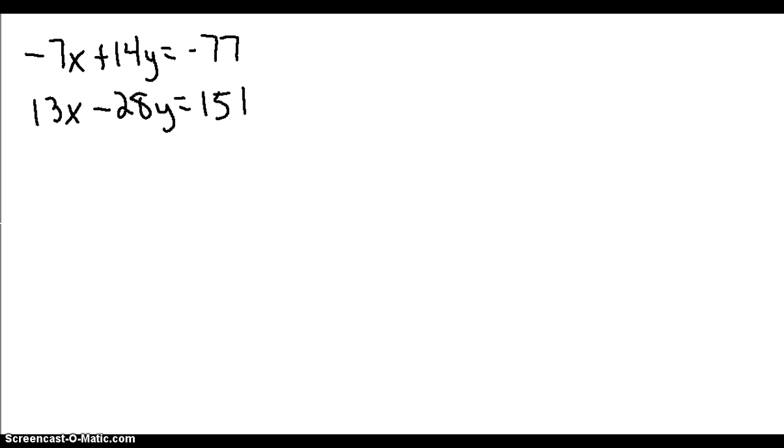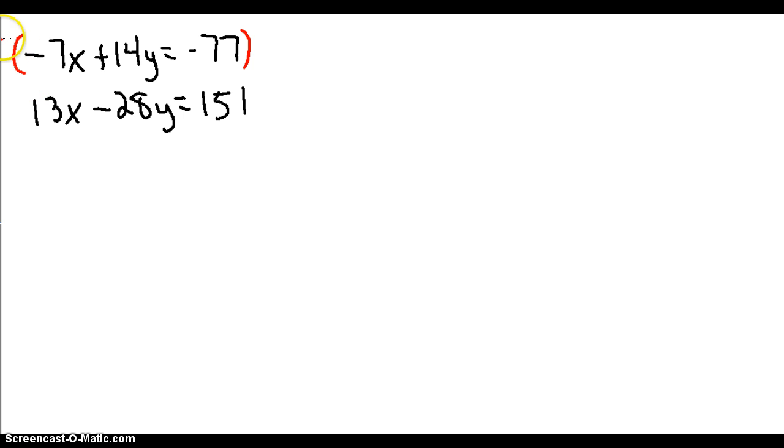Alright, so if you remember from the first pair we ended up with negative 7x plus 14y equals negative 77. And from the second equation, 13x minus 28y equals 151. Alright, so I'm going to use the elimination method again. This time the easiest way, it looks like we're just going to eliminate y. It doesn't matter which one, but it looks like the most efficient way will be to eliminate y.